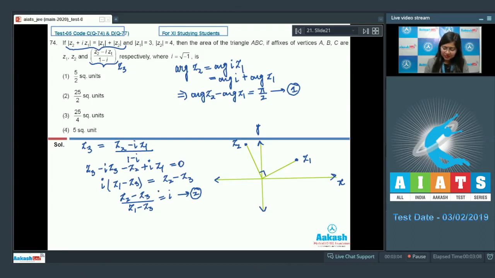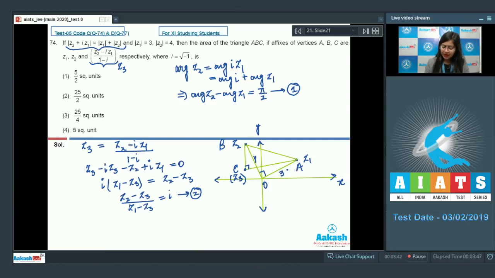Similarly, it is given that Z2 minus Z3 upon Z1 minus Z3 is again iota, so the angle between these two is again 90 degrees. So joining these points, let us say these points are O, A, B and this is C, this is Z3. So here it is given that mod Z1 is 3 and mod Z2 is 4.